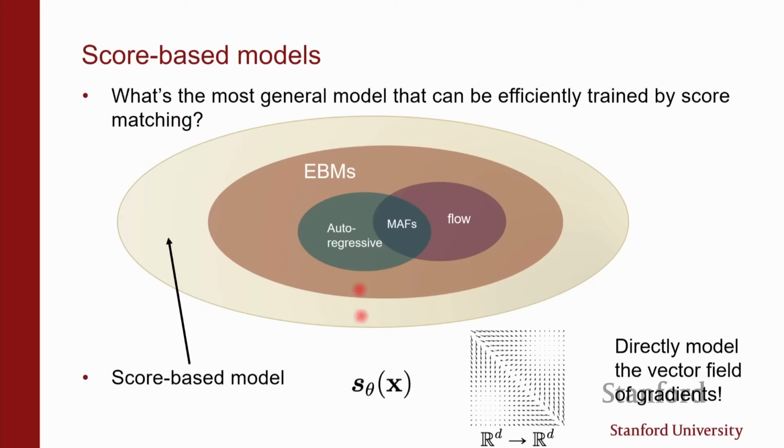For every x, s theta, the estimated score at that point, is a vector with the same number of dimensions as the input. So s theta is really a function from R^D to R^D. If you have D dimensions, the output of this neural network will also have D dimensions, because that's however many coordinates you need to specify one of these arrows at every point.